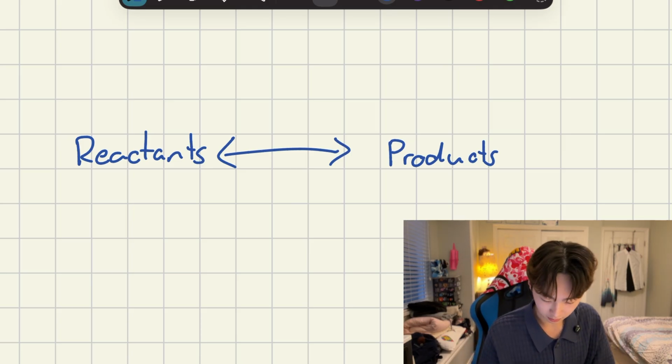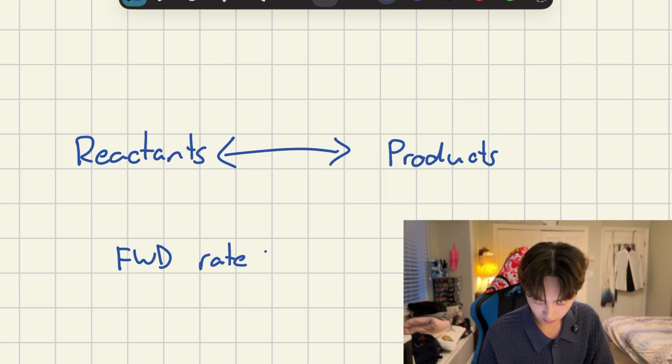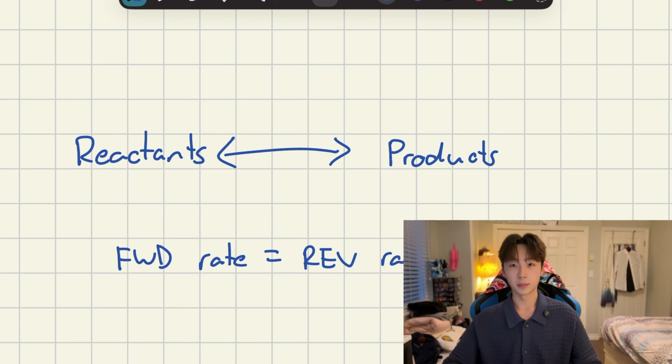So write that down: forward rate is equal to reverse rate. And because you're going forward at the same rate as you're going backwards, their effects kind of cancel out. So you don't really see any changes in macroscopic properties, such as concentration.